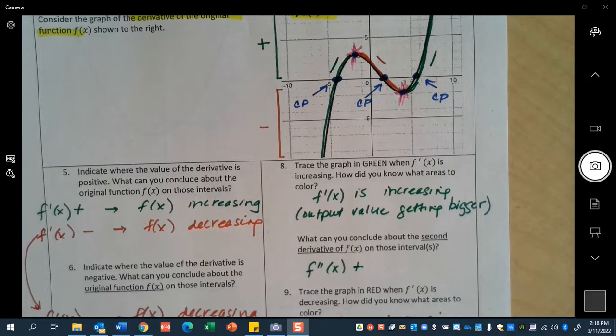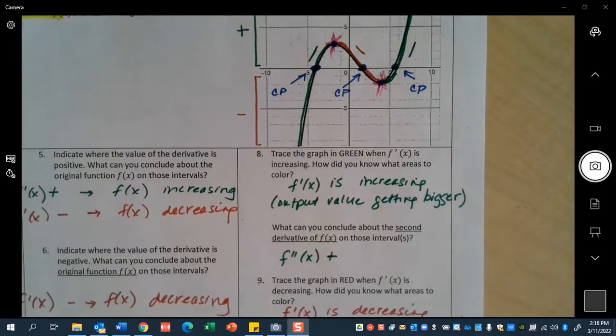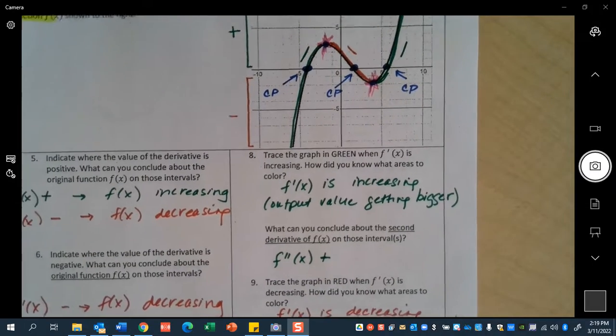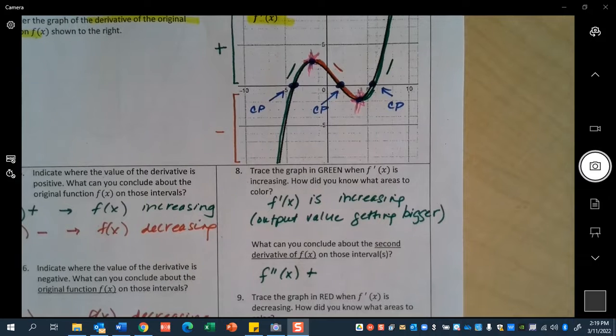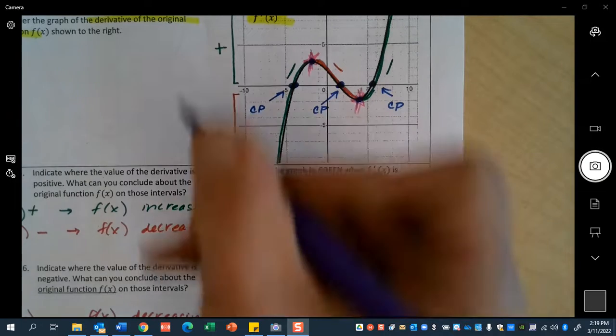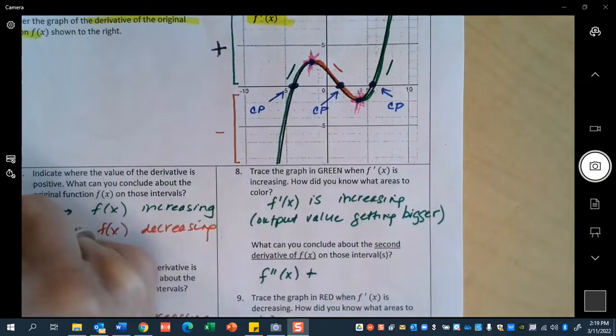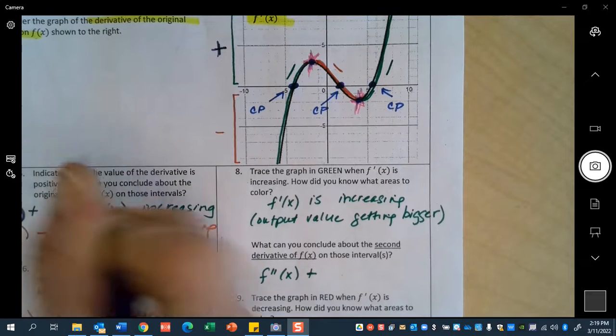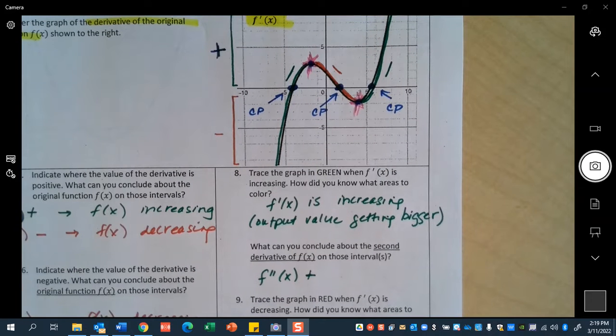Yeah? All right. So then it says, trace in green where f prime of x is increasing. So I'm okay with this, because this green shows you where f prime is increasing. So maybe it would have been better if I had chosen, I don't know, purple for this and purple for this, so we weren't confused with our green and our reds.